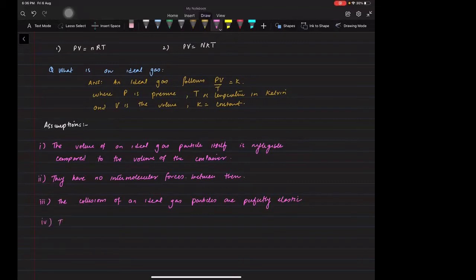Fourth point, time of collision is negligible compared to time interval between collisions.